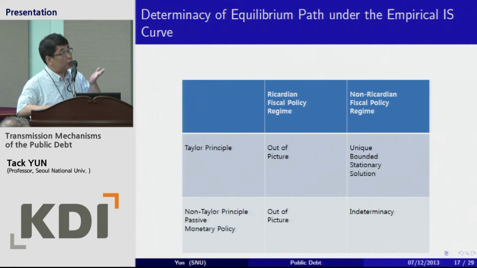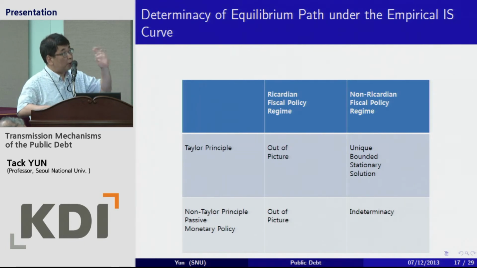That is contrary to the conventional result, because in order to have a unique bounded stationary solution, we need active monetary policy and passive fiscal policy, which corresponds to the Ricardian fiscal policy regime. But once we have a negative coefficient of the public debt in the IS curve, the conditions that guarantee the unique bounded stationary solution change.